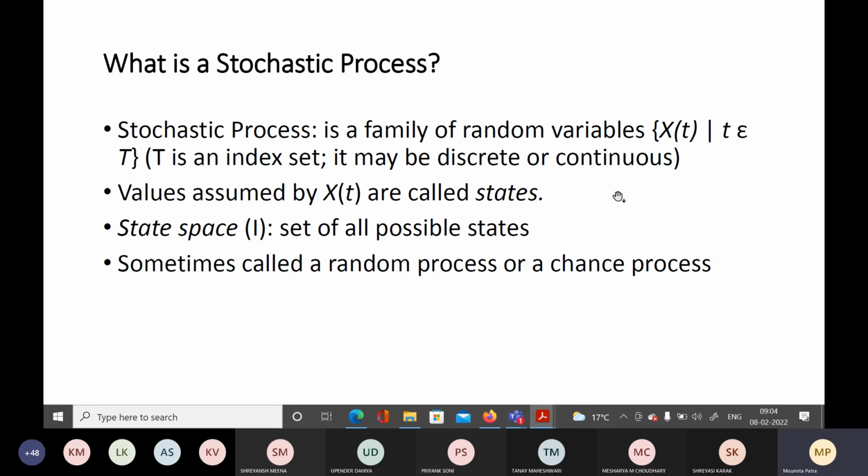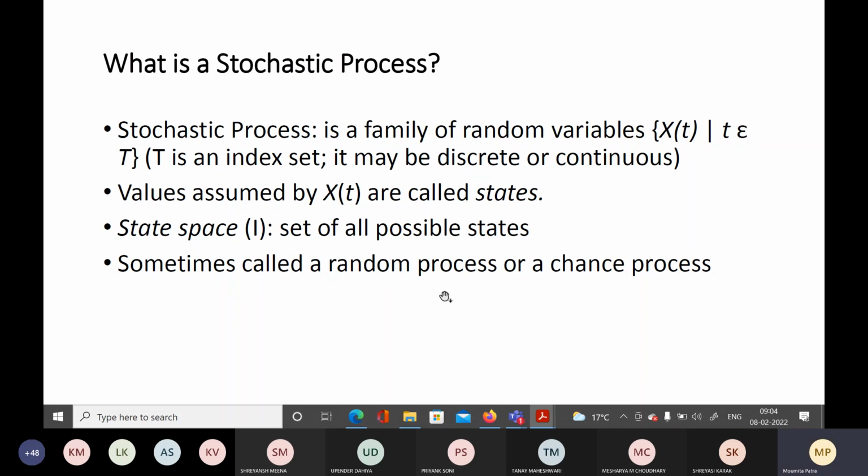The values assumed by X(t) are called states, and the state space I is the set of all possible states. A stochastic process can also be called a random process or a chance process. It means the same. Whenever somebody is talking about a stochastic process, they can also call it by these two names.